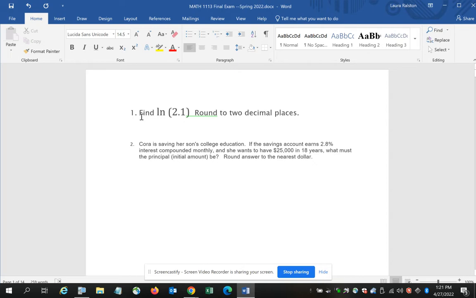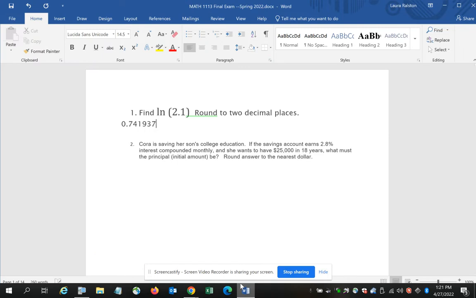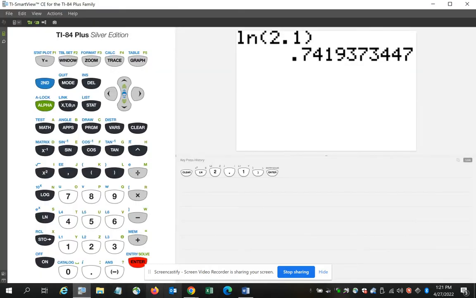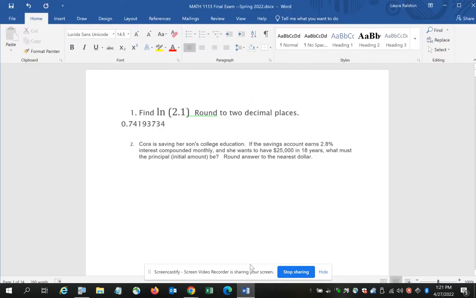In the calculator we get 0.7419, and so on, a big long decimal. Be careful, the instructions ask you to round it to 2 decimal places.